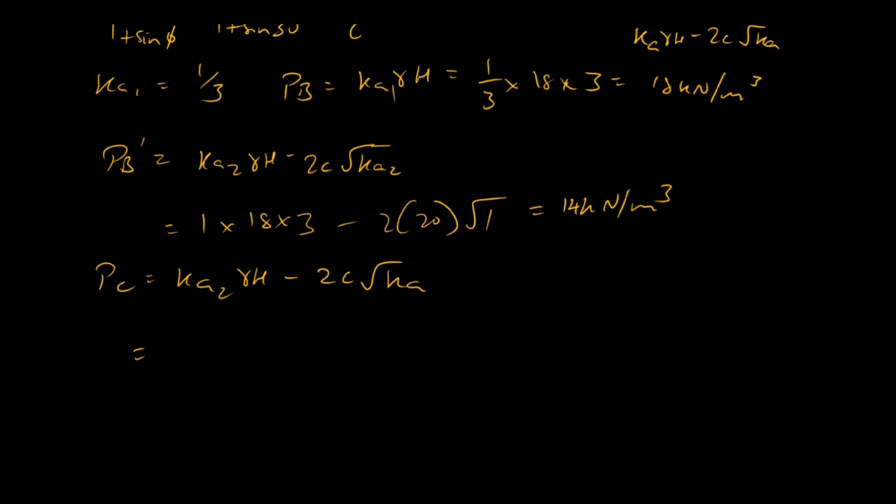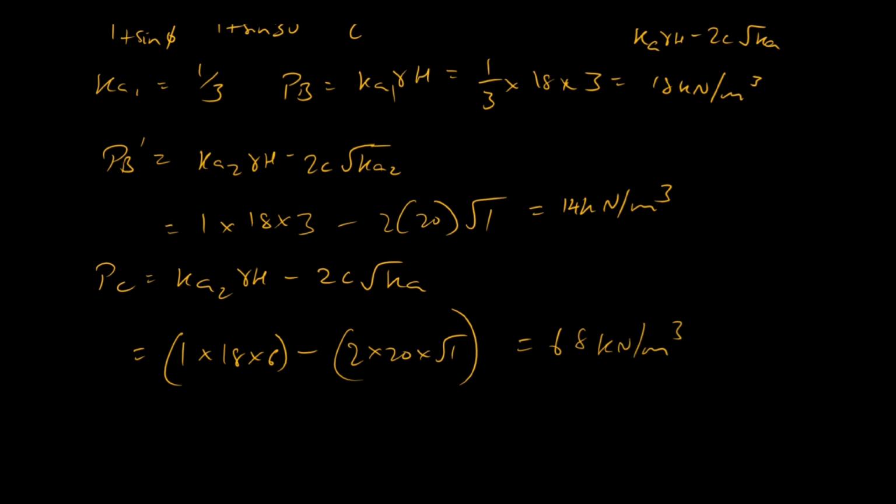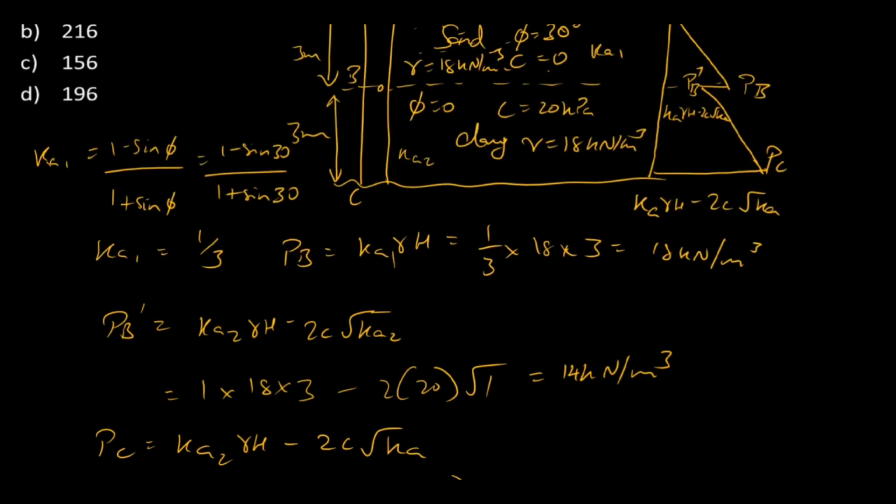So at C it will be equal to 1 into 18 into 6, minus 2 into 20 into root 1, which gives 68 kilonewton per meter cube. So PB will be 18, PB dash will be 14, and PC will be 68.